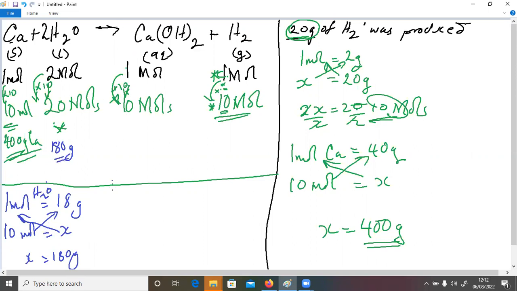Then I want to know how much calcium hydroxide I produce. So I need first of all to find the relative formula mass for calcium hydroxide. It's 1 calcium, 2 oxygens, 2 hydrogens. 1 calcium is 40, 2 oxygens is 2 multiplied by 16, and 2 hydrogens is 2 multiplied by 1.